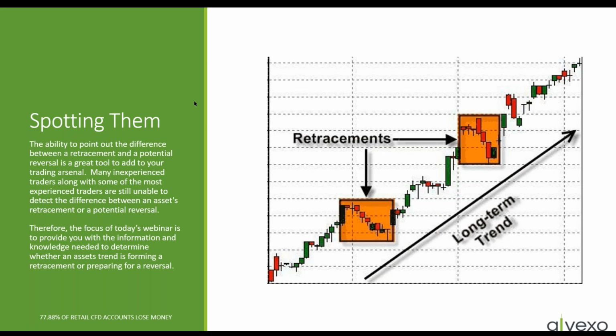Now, if you accept the fact, and it's not my fact, it is just the law of the market, that an asset can either move sideways, it can move up, or it can move down. That's all the possibilities, right?